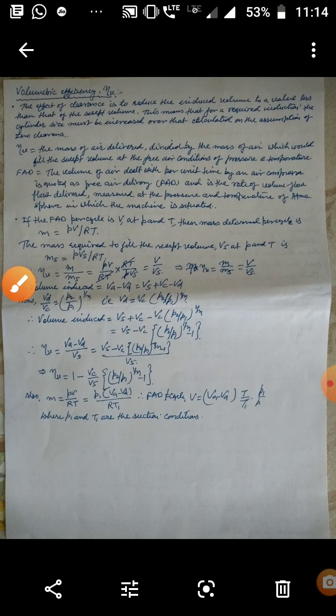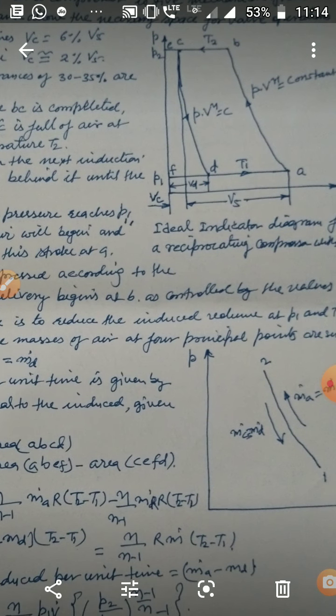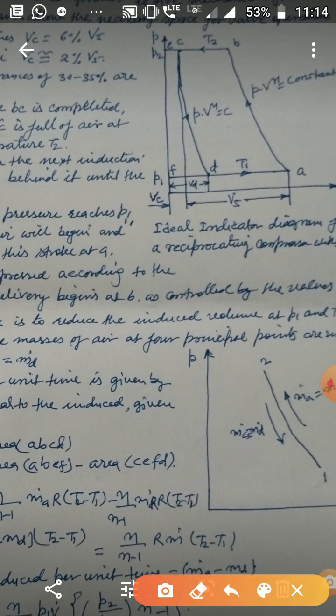Also you can refer to the earlier curve here. Here you can see the volume Vc is this, Vd is this, and this is the swept volume Vs.